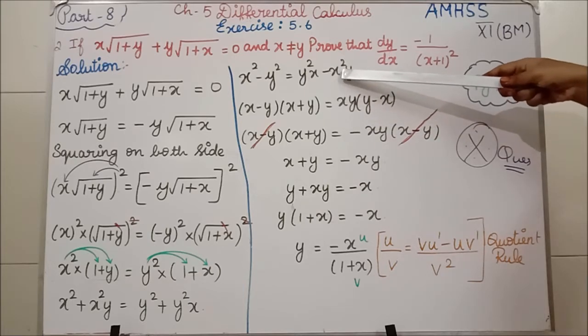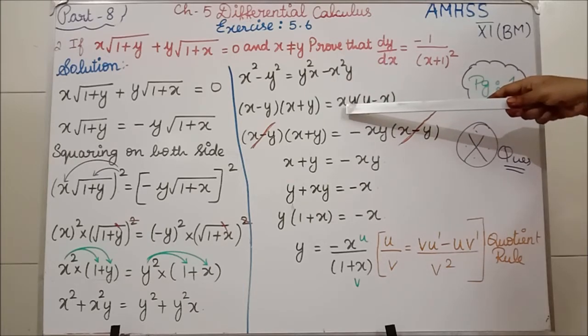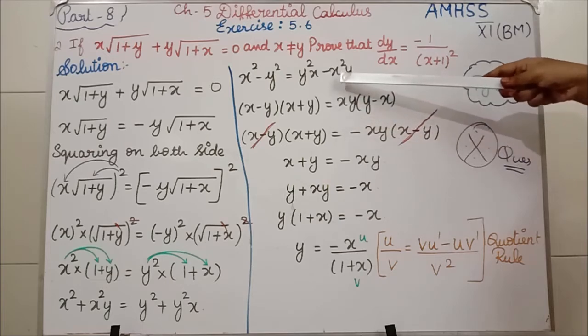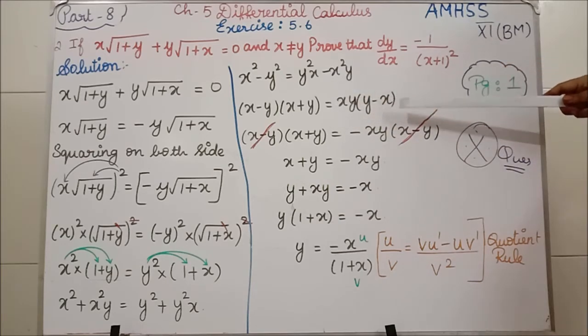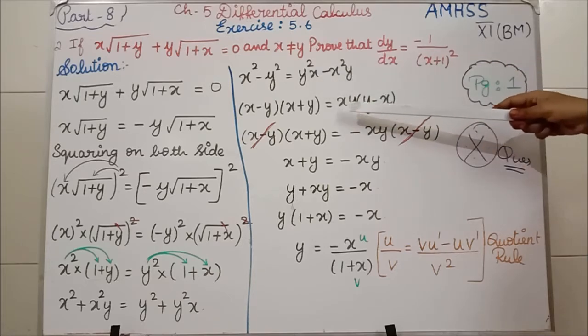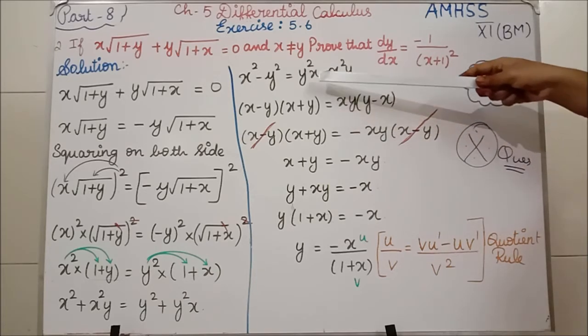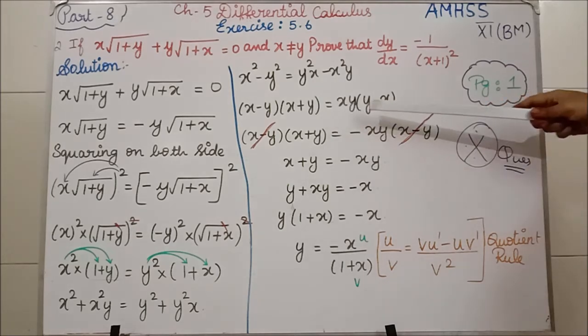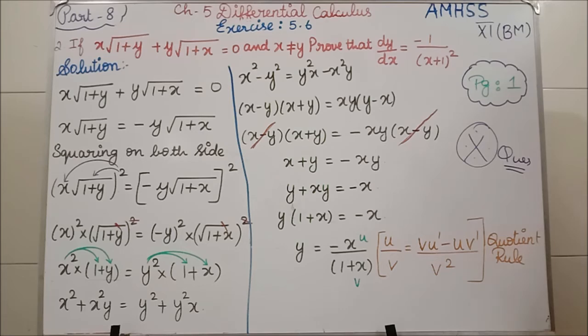Similarly, here x square is there, so I have taken only one x outside. One more x I have written as minus x. Here if you multiply and see, you will get correctly this. xy into y is x y square. xy into x is x square y. We are getting correctly. Clear?